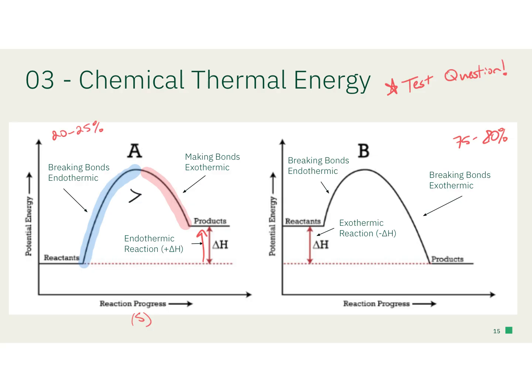Now, the one on the right, again, we begin with the reactants, but the potential energy of the reactants, as you can see, is a little bit higher than the starting potential energy of the previous one. There's some rising action once again. We have some breaking of bonds, and so we need to break the bonds of the reactants, and then we need to create new bonds for the products to form. So you've got the endothermic breaking bonds part.